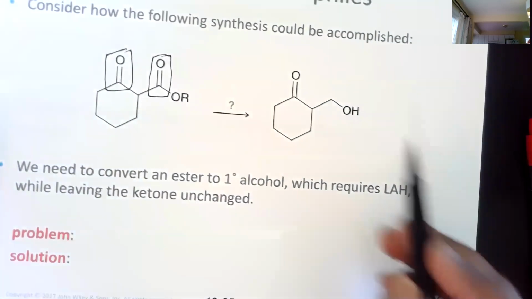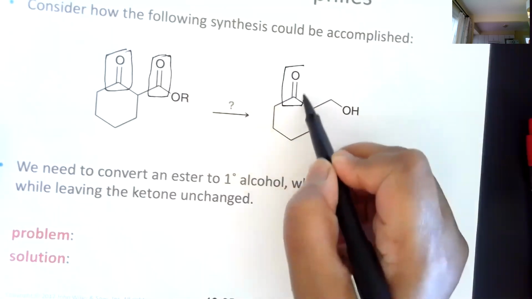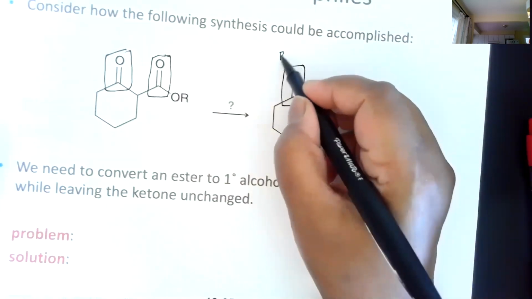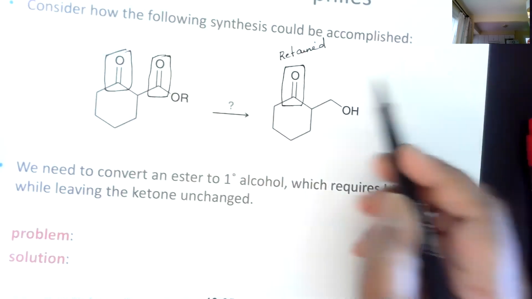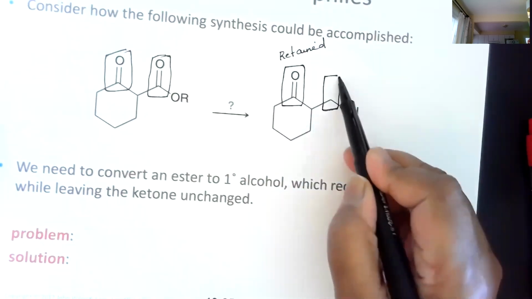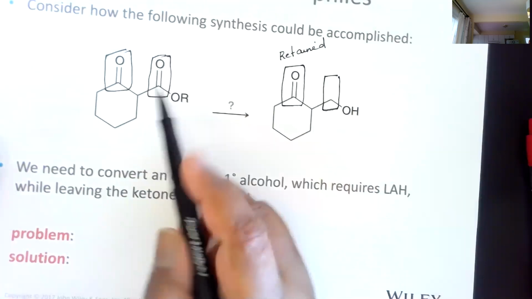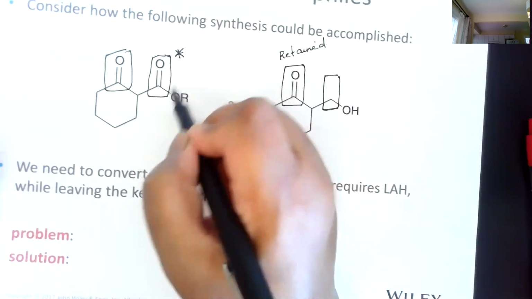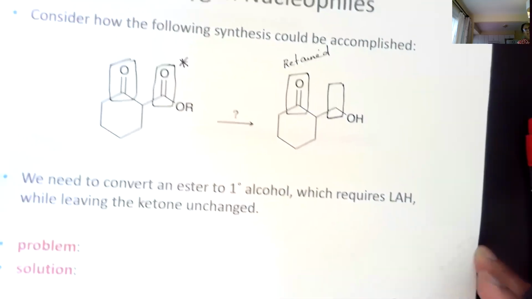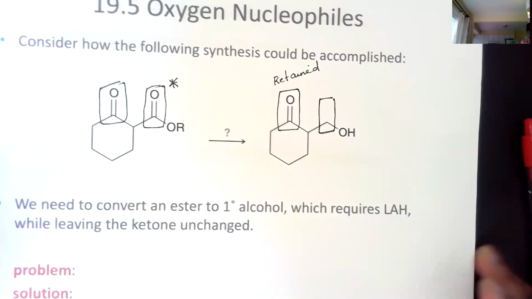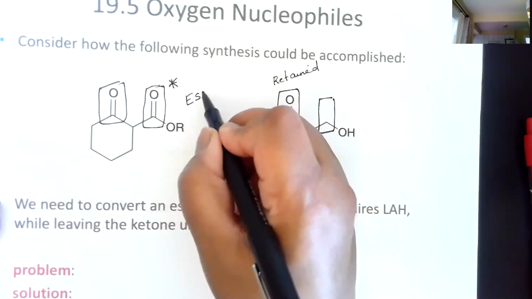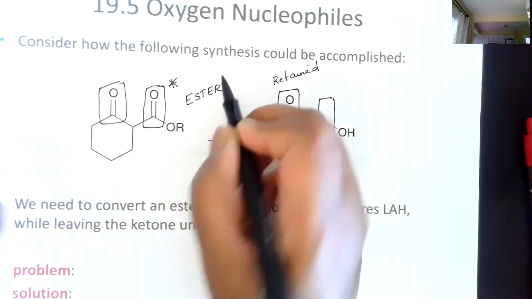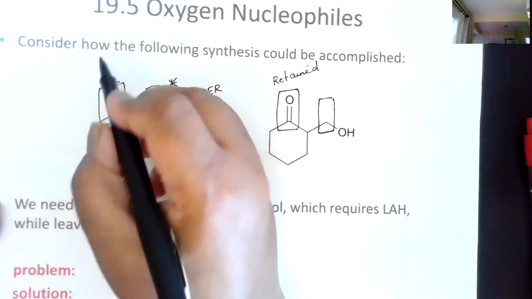No. This is retained. What is happening here? Can you look at just this change? What's the functional group there? What's this functional group? It's an ester. What is this functional group? It's a ketone.